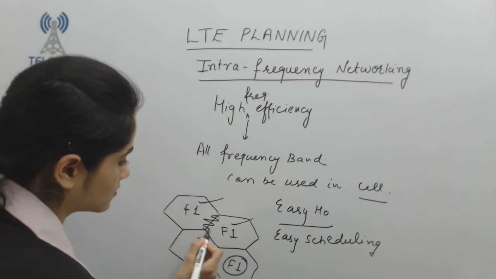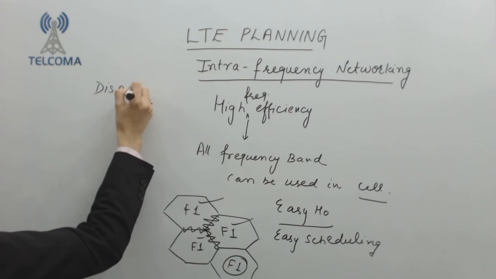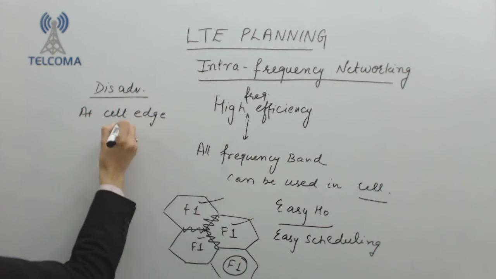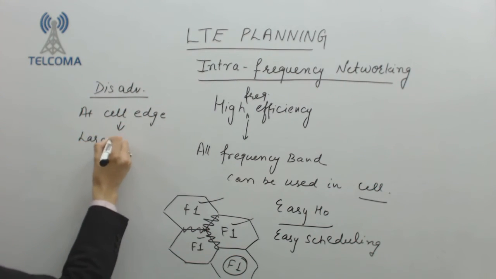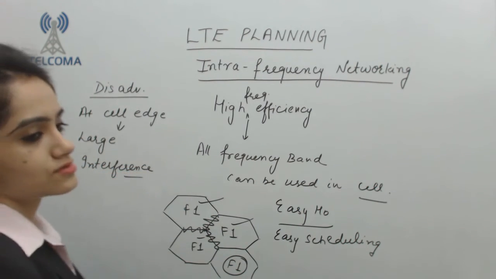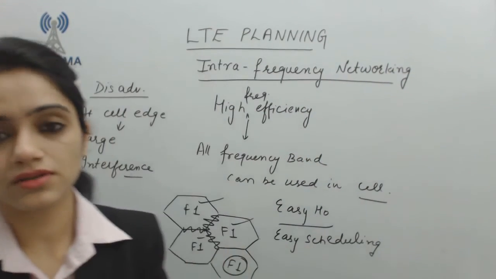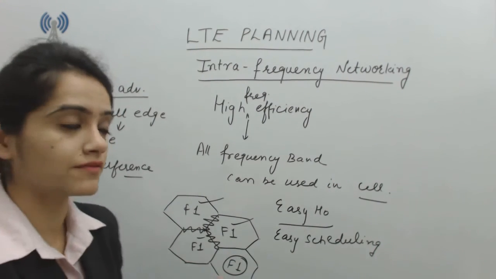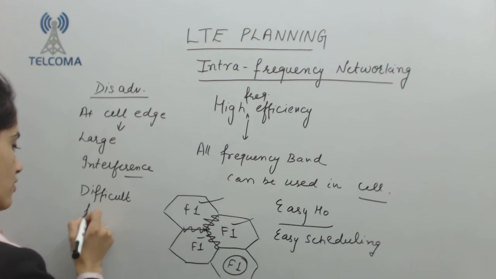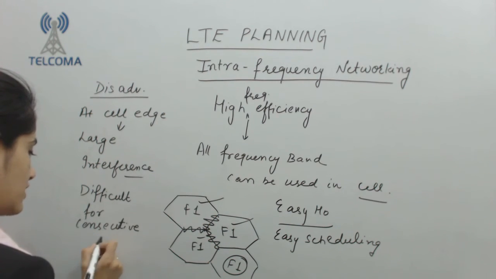That means at these particular areas at the cell edge, we will have large interference, which makes it difficult to have consecutive coverage.